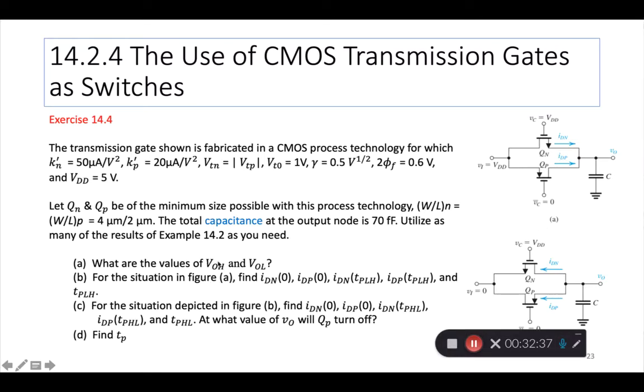First of all, of course, VOH, what value do you reach? VOL, what value on the low side do you reach? But then for the situation in figure A, find all these currents, IDN and IDP at t equals 0, then IDN and IDP when t equals the point where you reach VDD by 2, which is tPLH, tP low to high.